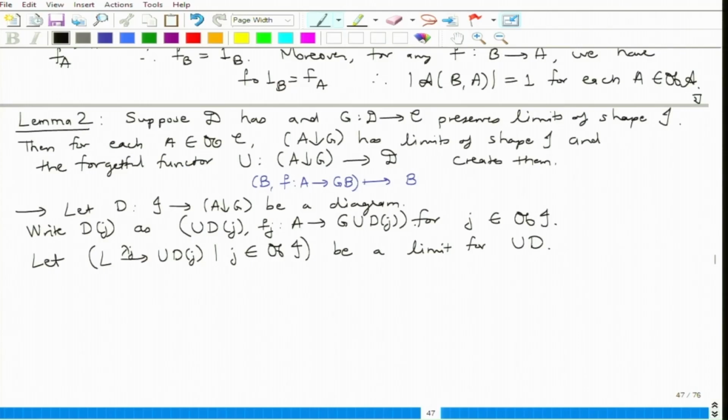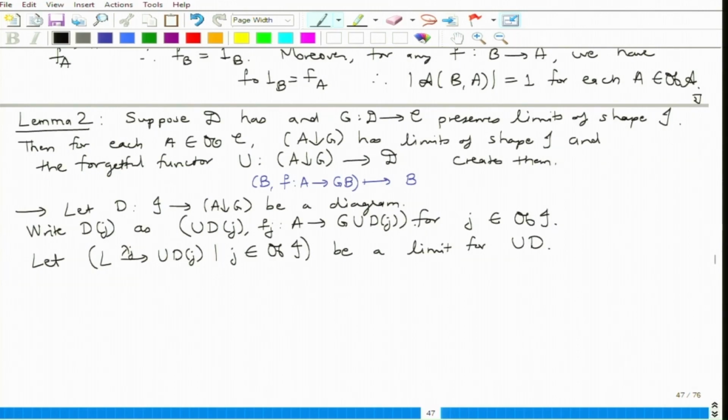I made some comment earlier about this A and we will use that later, but just observe that D is a diagram in A arrow G. If you further compose it with the forgetful functor U, then you will get a functor UD, and UD will be a diagram of shape J in category D.